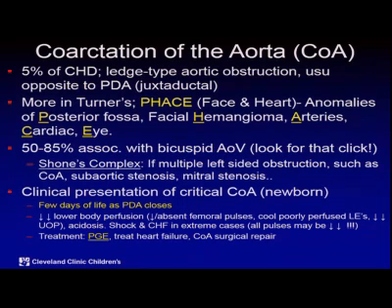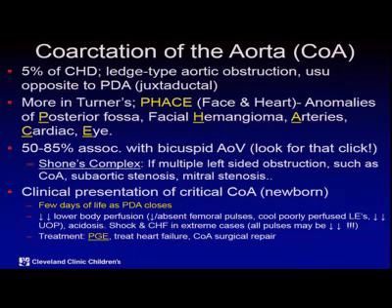If they present in the newborn, usually this is critical coarctation. It happens typically at days to a couple weeks of life as the PDA closes. What will you have? You will see decreased lower body perfusion, which will manifest as either absent or very poor femoral pulses, right? Poor urine output because of decreased flow to the kidneys, acidosis, and shock.